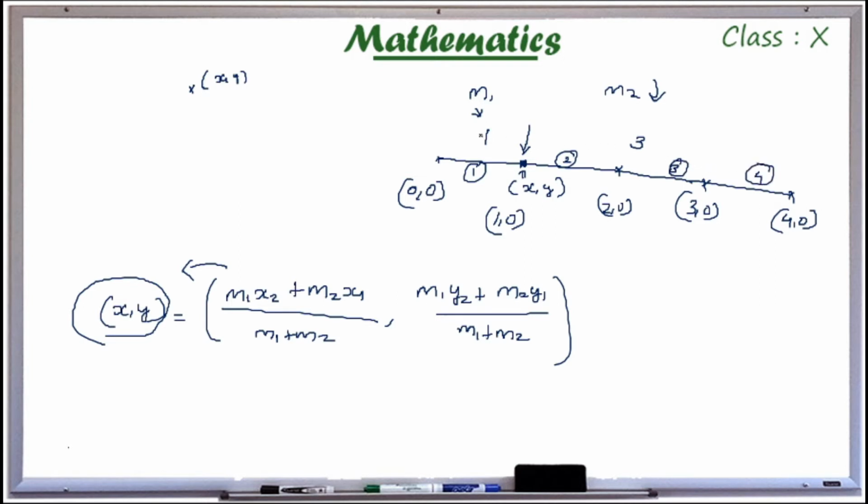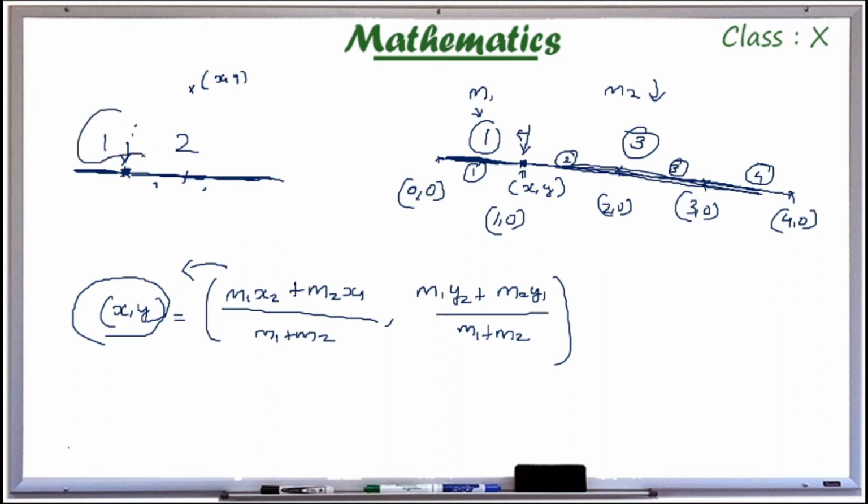And the ratio is 1:3, which means on the left side of the point of division I have one part, and on the right side I have 3 parts. That's why we say the ratio 1:3. Another example: the point is of the form 1:2, because for the left side of the point of division I have one portion, and for the right side I have two portions. So I write it as 1:2. So this is the ratio.